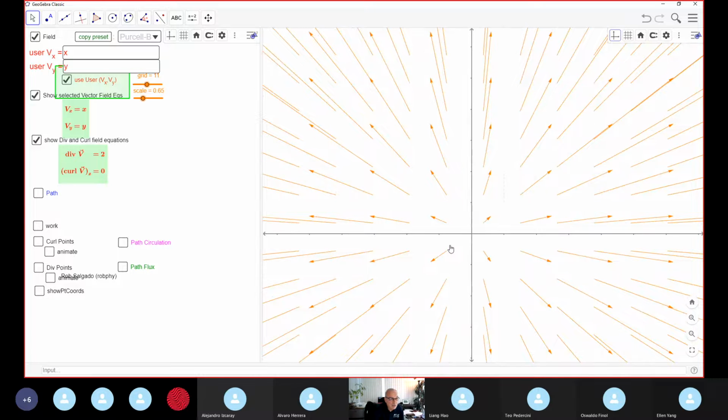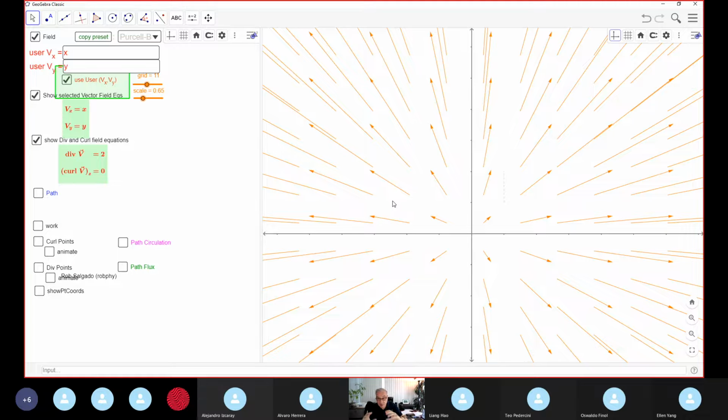Now here is amazing. They give me the answer: divergence is 2 and the curl is 0. So irrotational, of course a conservative field. Of course, we can compute the potential function, and in this specific example it is a family of circles, and the vector field is completely perpendicular to the tangent.